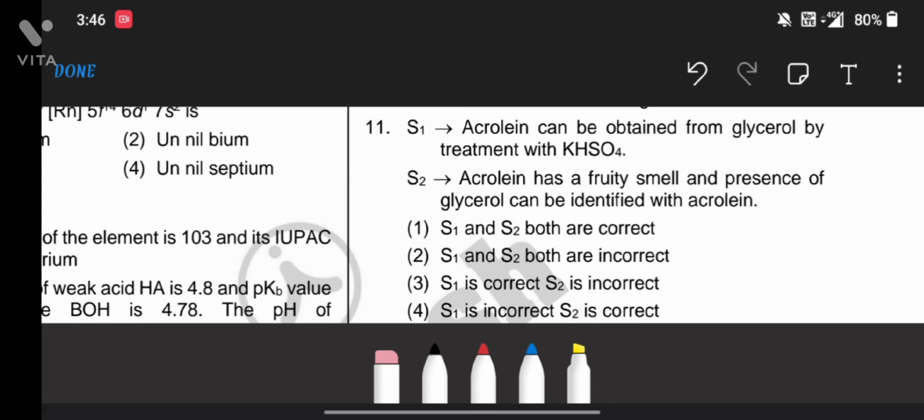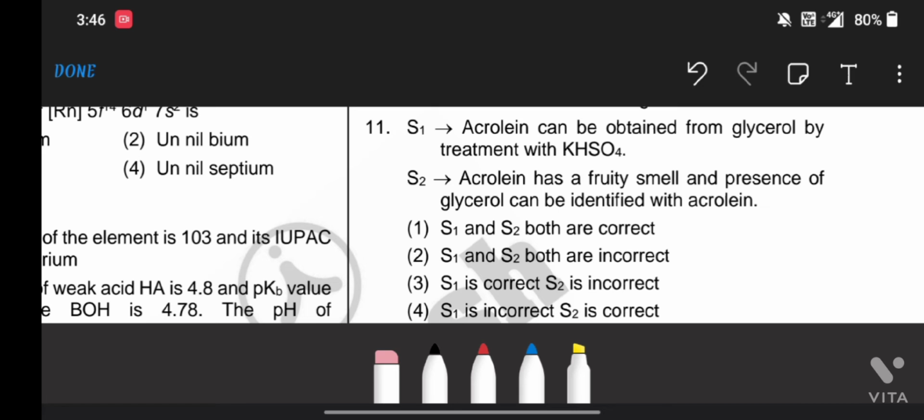The options are: both are correct, both are incorrect, S1 is correct but S2 is incorrect, and S1 is incorrect and S2 is correct.